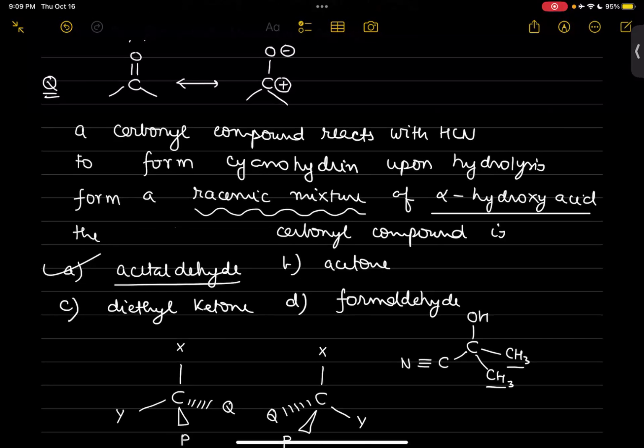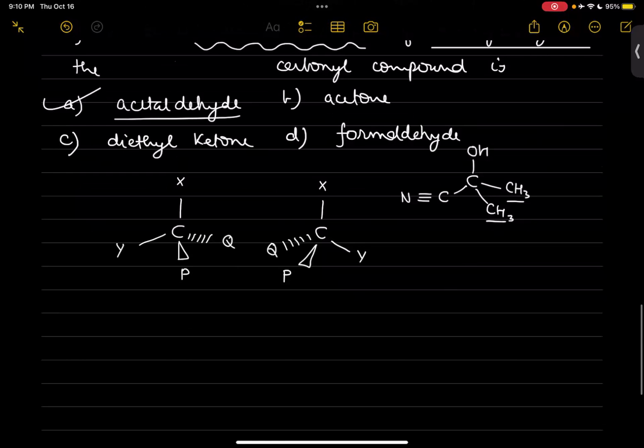Yeah, lactic acid. Absolutely correct. So lactic acid has H and CH3. These are the two groups carried forward from the acetaldehyde, and OH and COOH. These groups came in because of the cyanohydrin formation. Clear? Very important question. The common name is also very important. Got it?